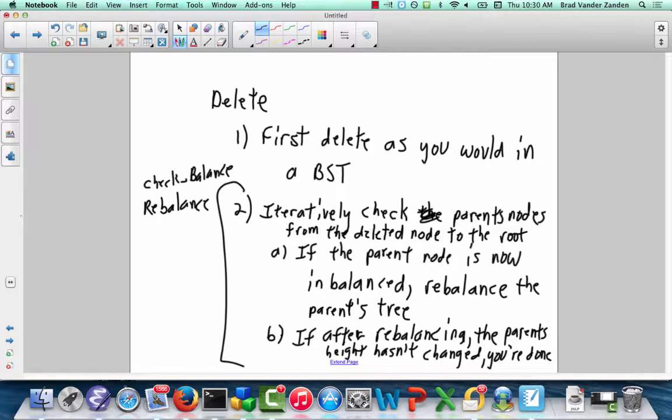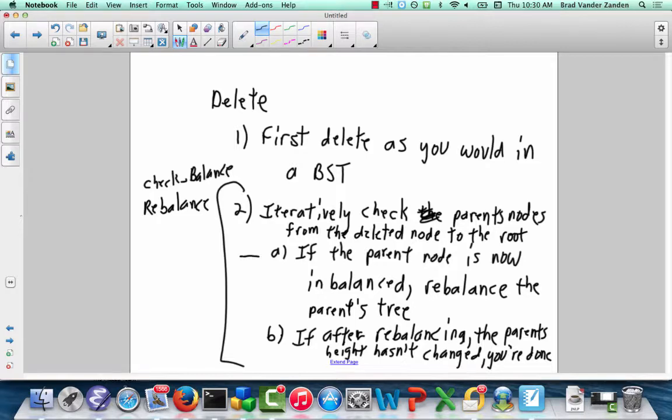Okay, here's the second thing that's very important. While you're doing this iteration, it says if the parent node is now imbalanced, rebalance the parent's tree. If after rebalancing the parent's height hasn't changed, you're done.